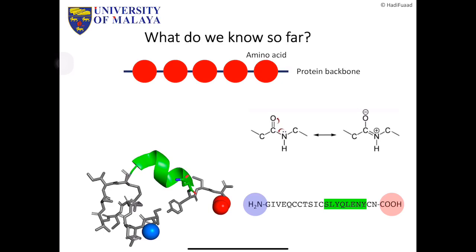We know that protein is made out of multiple amino acids linked together via a covalent amide bond. And we know that you can form an amide bond via a condensation reaction between a carboxyl group and an amino group.